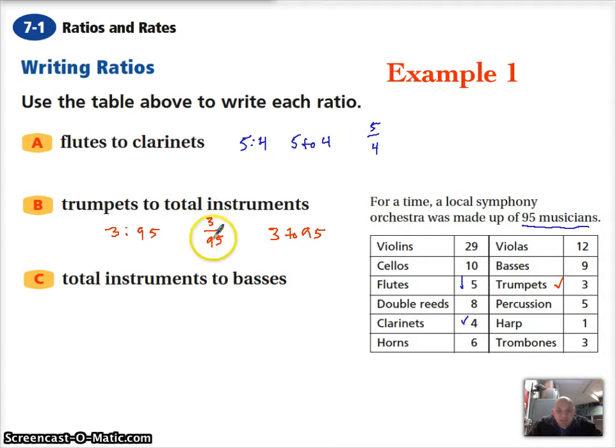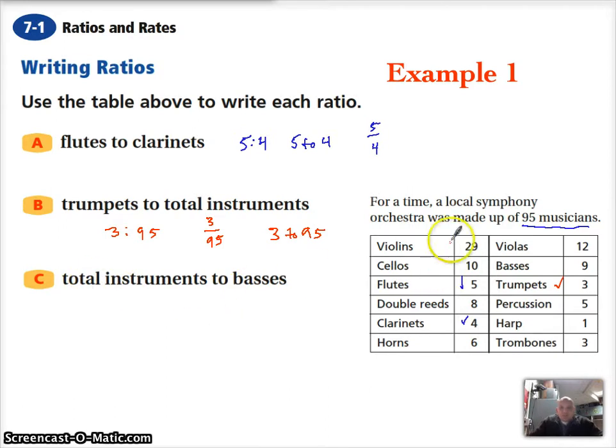But not in all cases will we have that sort of fractional situation. In fact, if we look back at the flutes and clarinets, 5 to 4 doesn't mean 5/4. It means 5 flutes to 4 clarinets. There is no representation of a whole here.